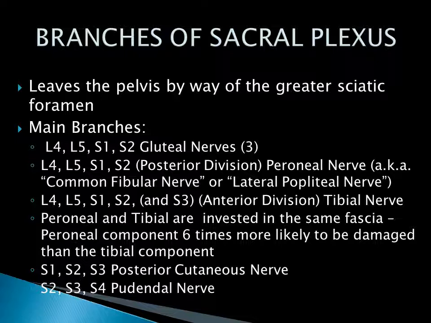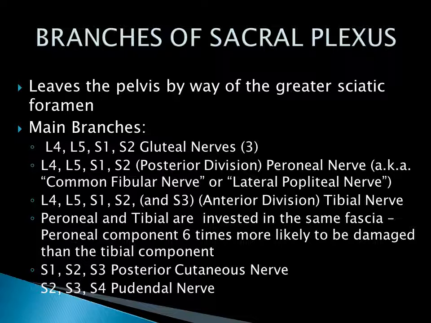Now, an interesting fact, or an interesting finding, is that once the tibial and common peroneal nerves become invested in the same fascia, trauma to the now sciatic nerve causes injury or damage or symptoms in the distribution of the common peroneal nerve 6 times more frequently than it does in the distribution of the tibial nerve.